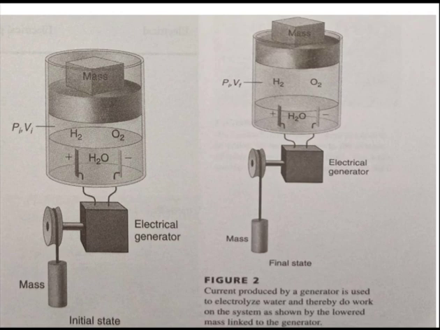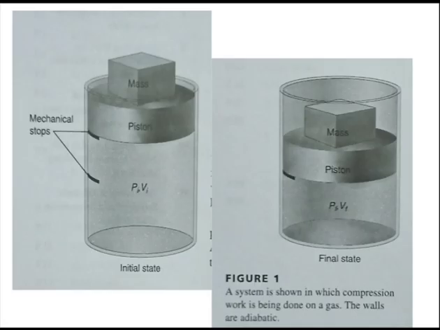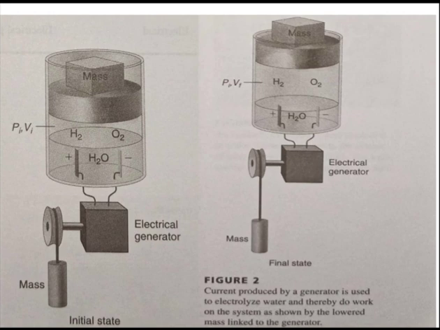And when the height of mass is lowered and height of mass is increased, this state is the initial state where the system is at the initial state, and here when the expansion occurred, the mass height is increased, and here the system works on the surrounding.